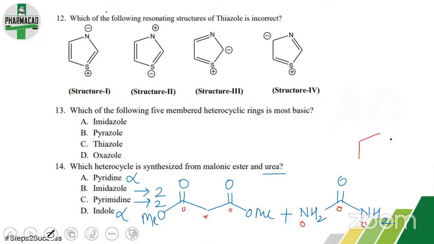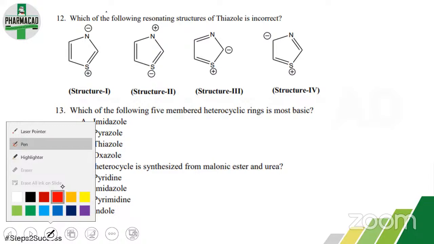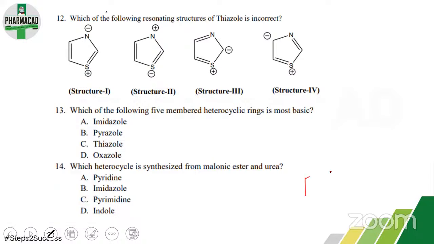So we will get this heterocycle after the reaction of malonic ester and urea, and that is nothing but the pyrimidine derivative. That's why the answer is option C, pyrimidine.